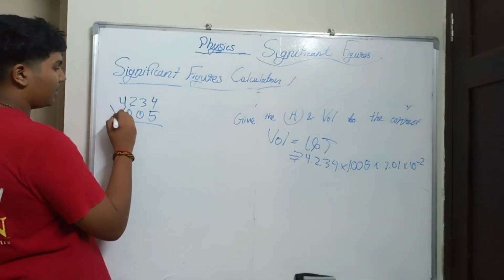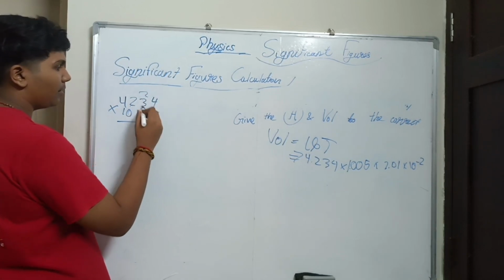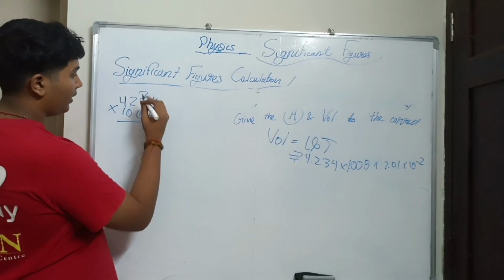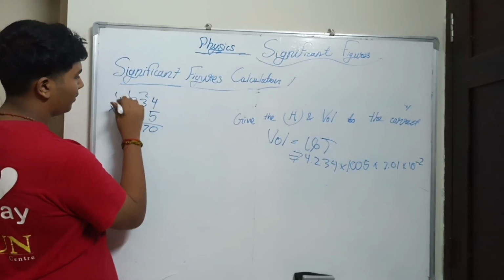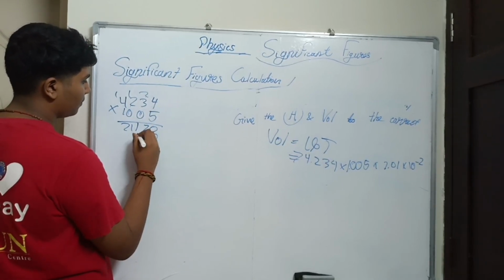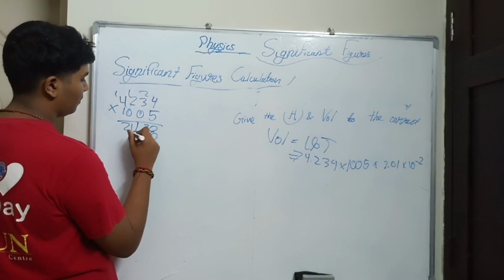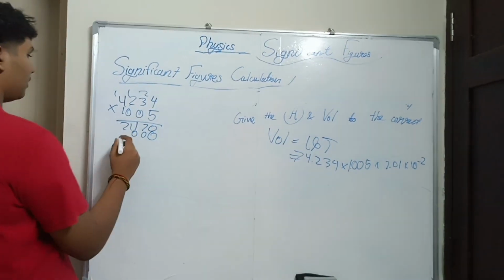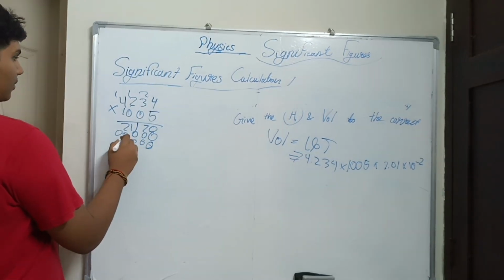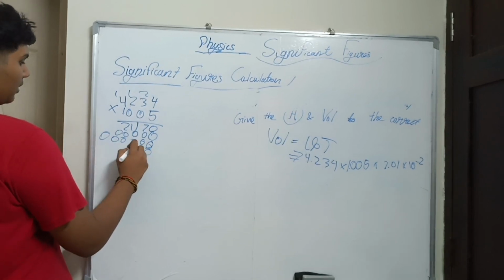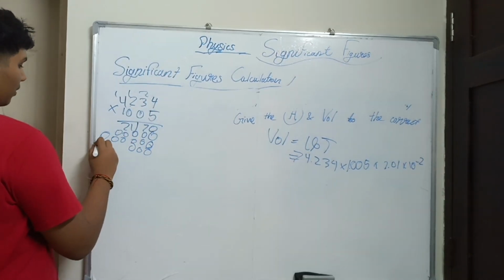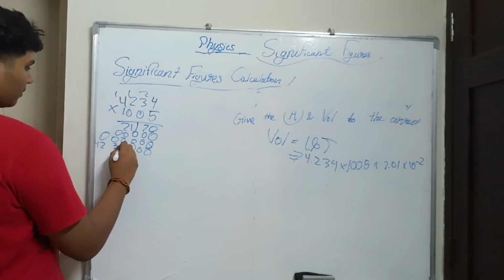So how do we multiply here? We are multiplying 4234 into 1005. So you get 4234 times 5 is 21170, then the zeros, and then 4234 in the fourth place.